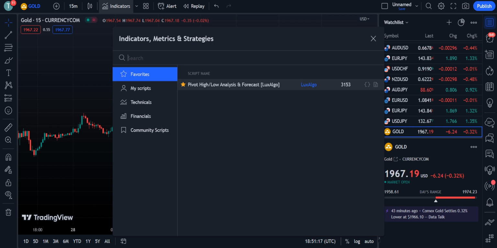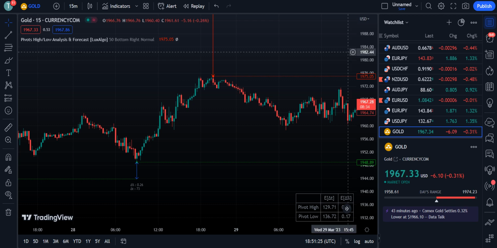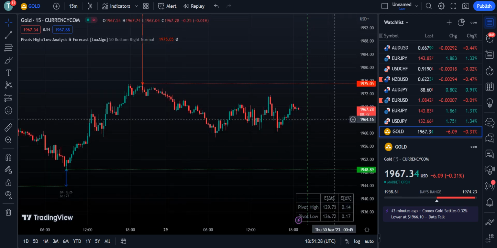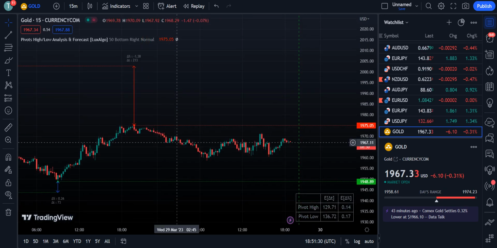This is by Lux Algo. 3153 traders are using this indicator. You have to choose this one indicator and it will be applied on your chart. As you can see, this chart will be looking like this.